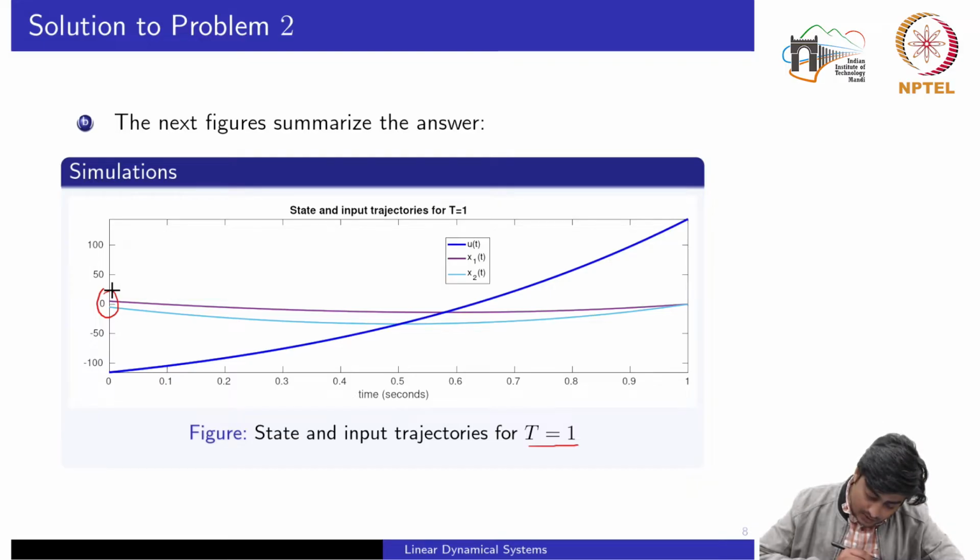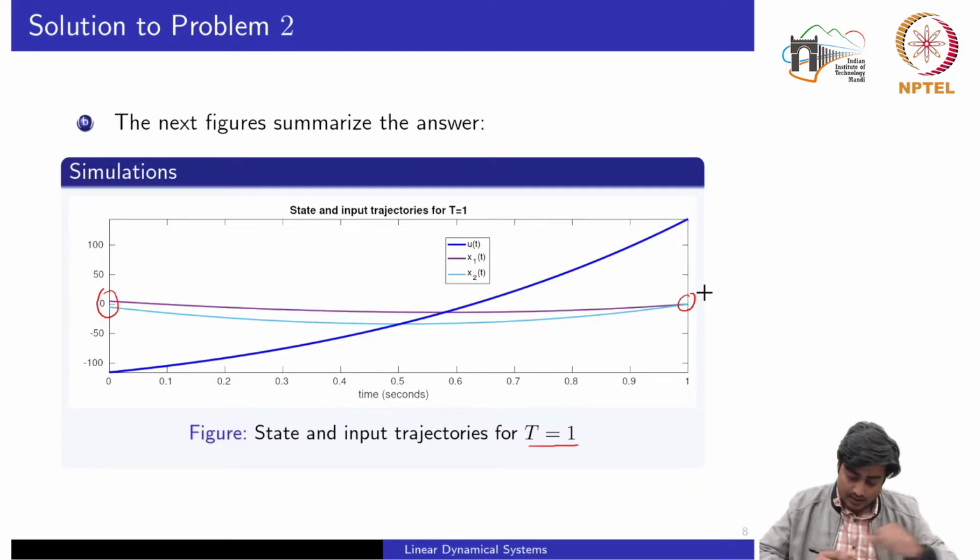Computing that control input and applying it to the plant, we see that in 1 second the state trajectory has reached the origin, because we have already computed that the system is completely controllable.